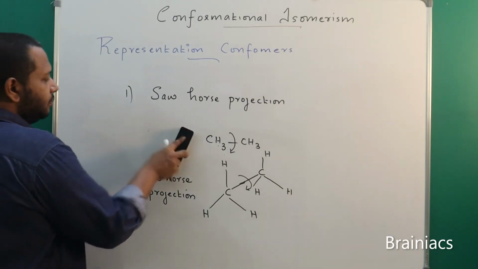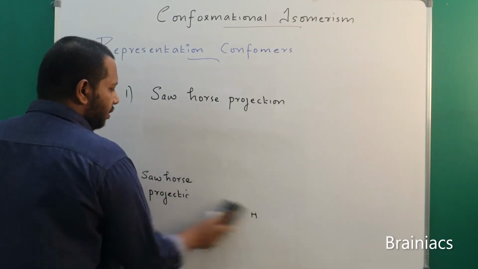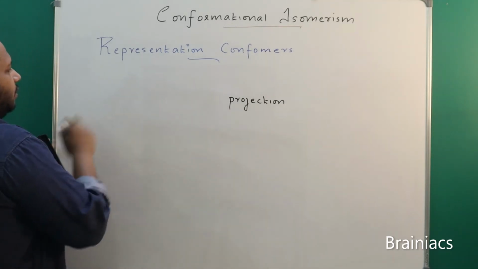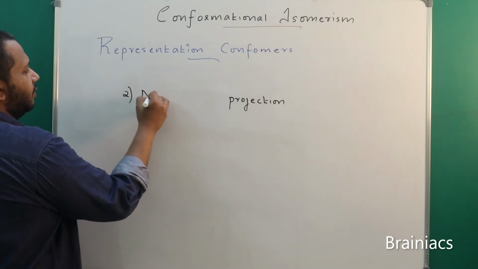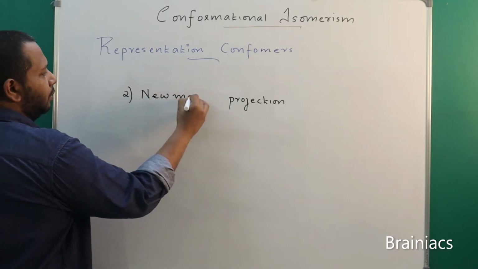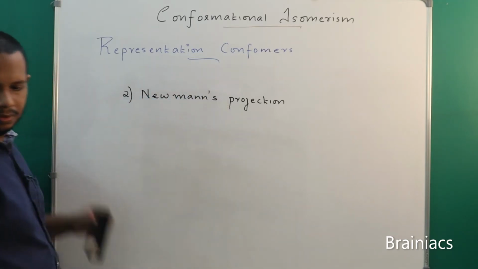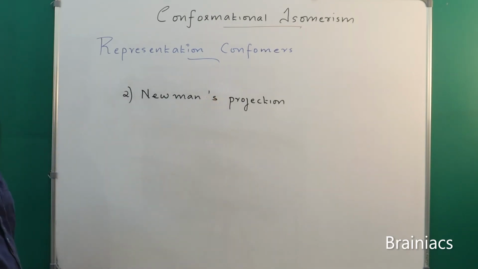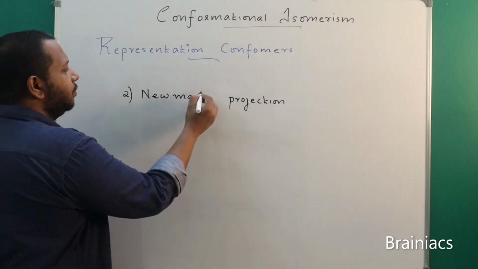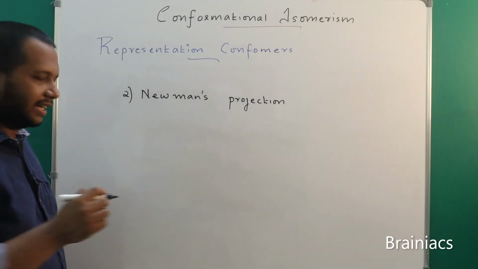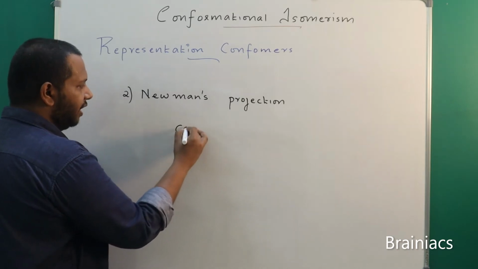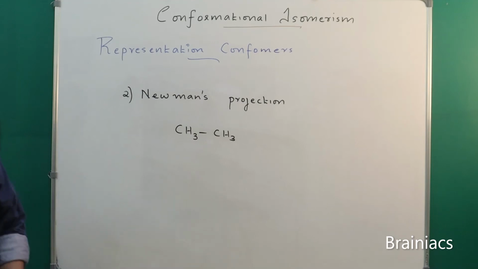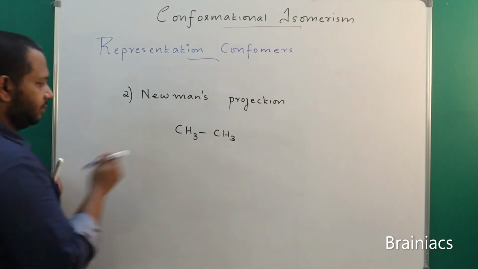Okay. So I will take the same example. Next one is Newman projection. So in Newman projection, we use a circle actually. First we draw a circle. Again I am drawing for ethane, CH3.